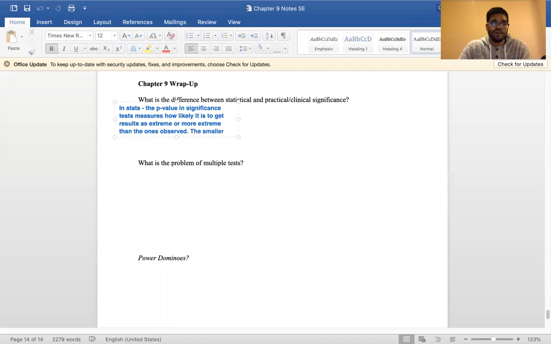The smaller the p-value, the more extreme. Your alpha is your cutoff.